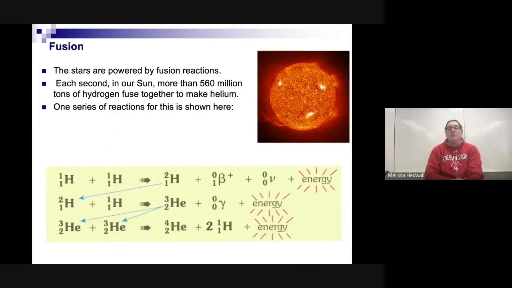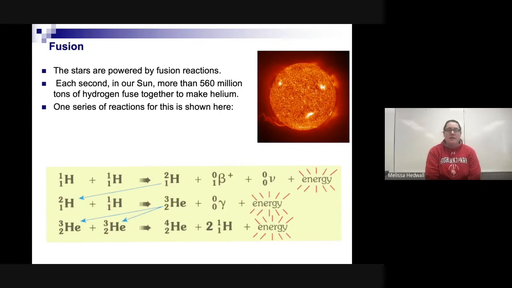Fusion is what powers the stars. If you look at the second point here, it says each second in our sun, more than 560 million tons of hydrogen fused together to make helium. In one series of reactions, there's different ones, but they all follow something similar to this, you have two separate hydrogens coming together to make a heavy hydrogen that's not very stable and release a beta particle and some neutrino and then energy.